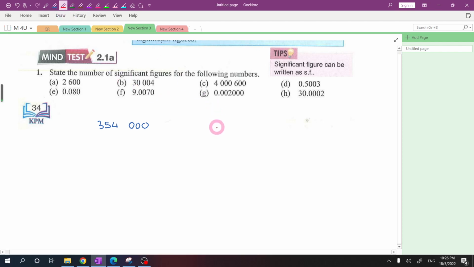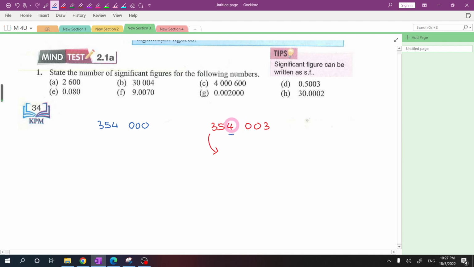Let's say we have the number 354003, and I ask you to round off this number to the nearest thousand. The thousand is over here, so we need to decide whether to add 1 here. We look at the digit on the right-hand side. If it is 0, 1, 2, 3, 4, we don't add 1. If it is 5, 6, 7, 8, or 9, we add 1.